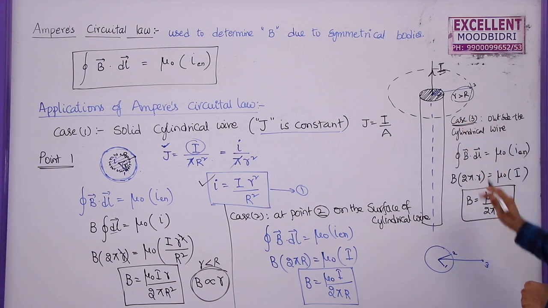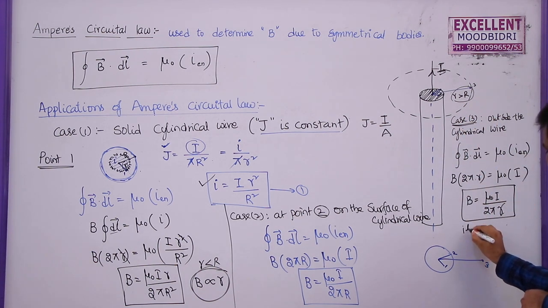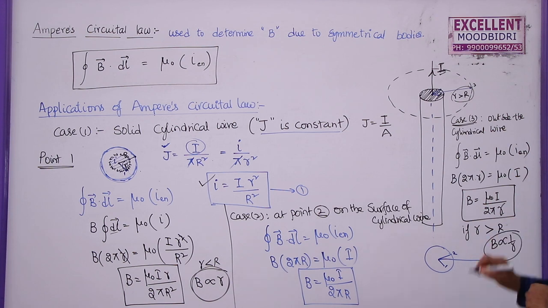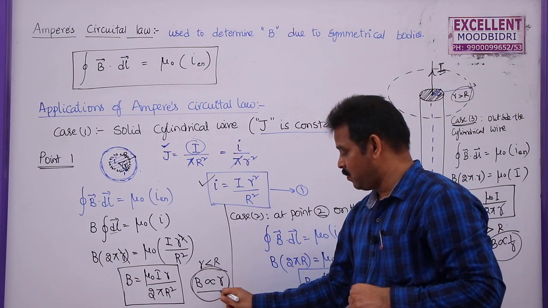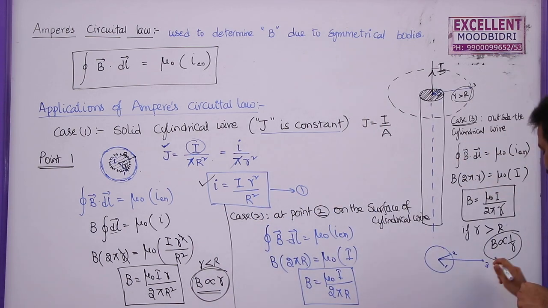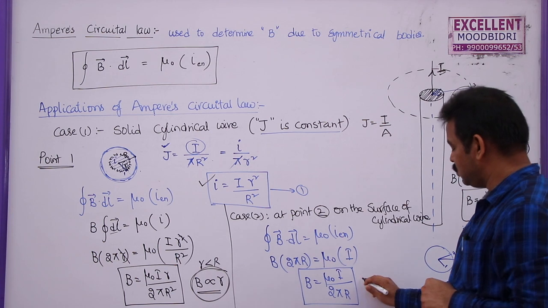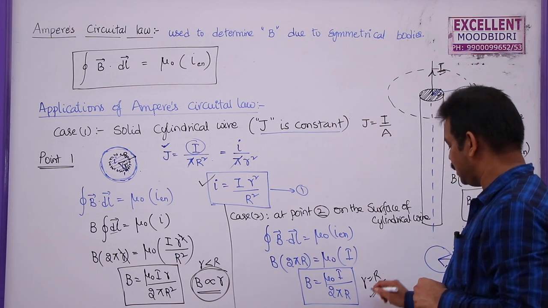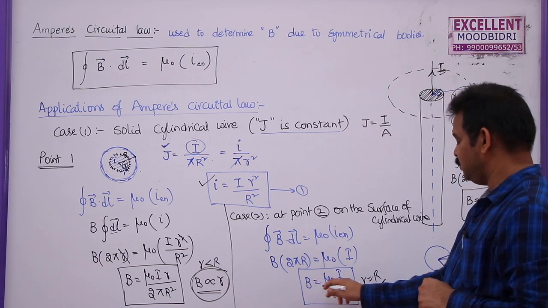Here if the distance r is greater than capital R, B is inversely proportional to r. So B is directly proportional to r if the point is within the wire, and B is inversely proportional to r if the point is outside the wire, and on the surface r is equal to capital R.